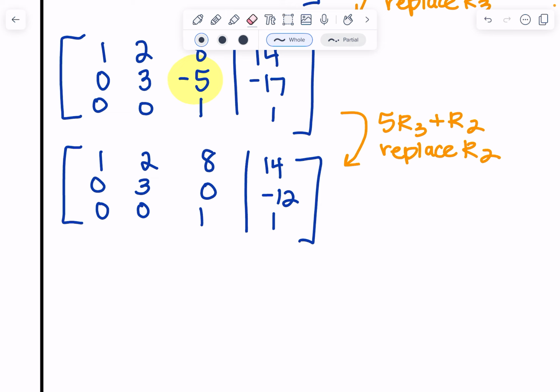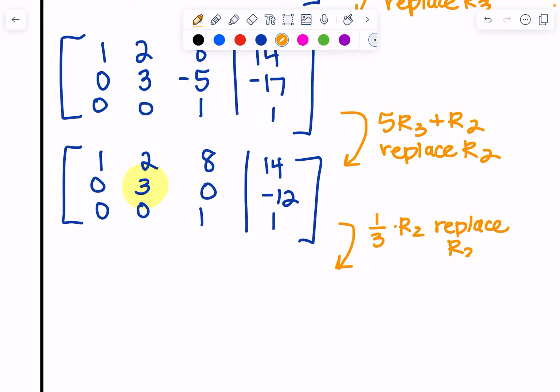All right, let's see, what did I do next? Yeah, so the next thing I want to do is to try to make this 3 into a 1. And so from this matrix to the next matrix, I'm going to do 1/3 times row 2 and then replace row 2. So basically I'm just multiplying row 2 by 1/3.